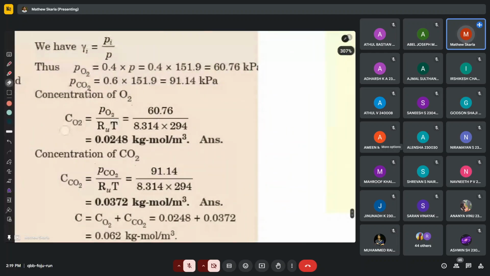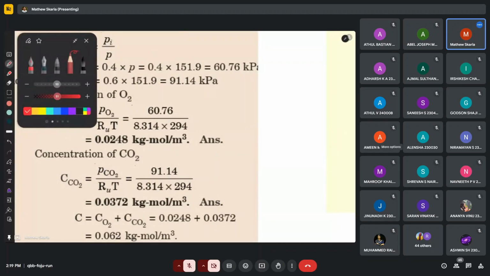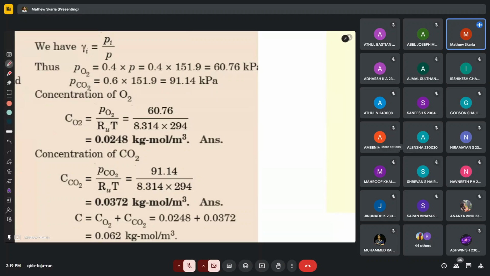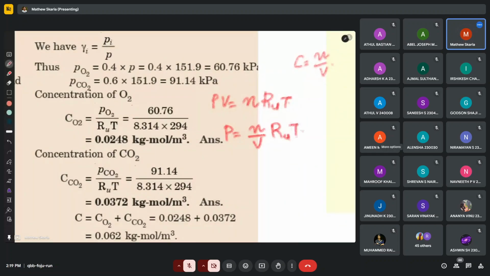Then the concentration of oxygen. How to get it? Again taking the relation PV is equal to n into Ru into T, the concentration C is nothing but n by V. So P is equal to n by V into Ru into T, and n by V is the concentration.